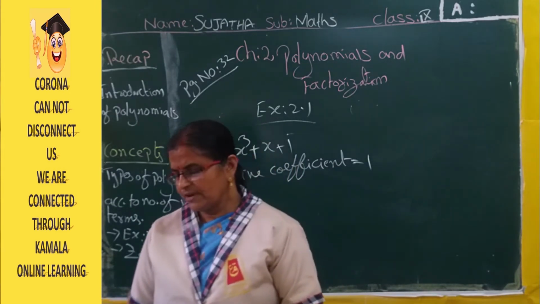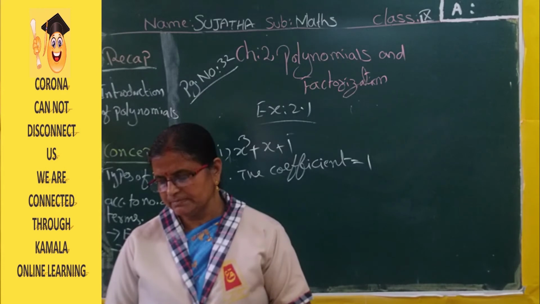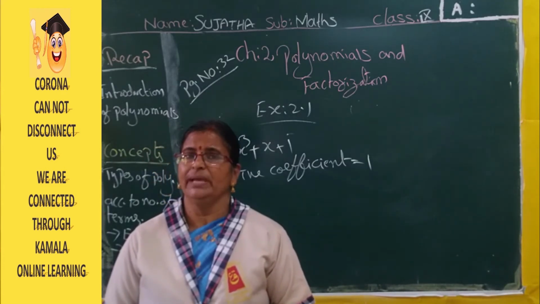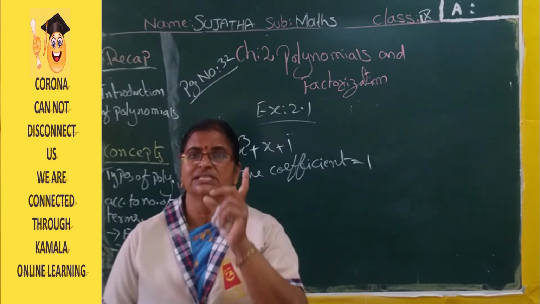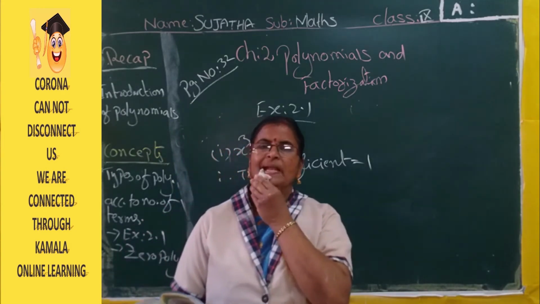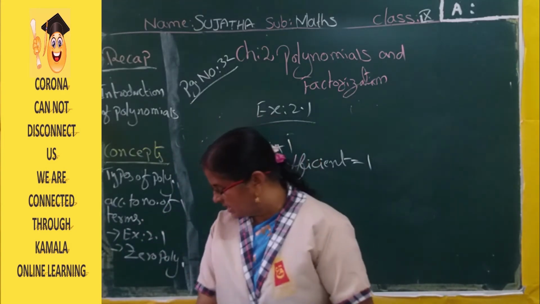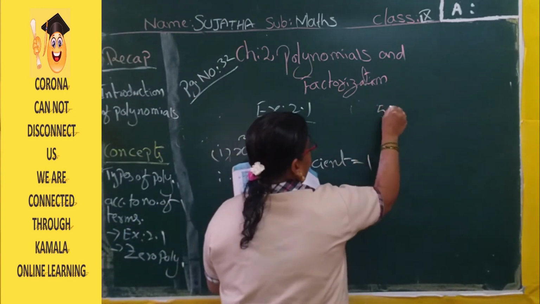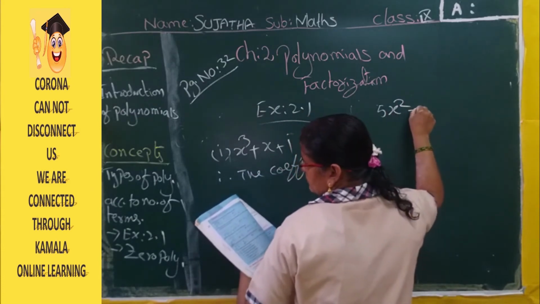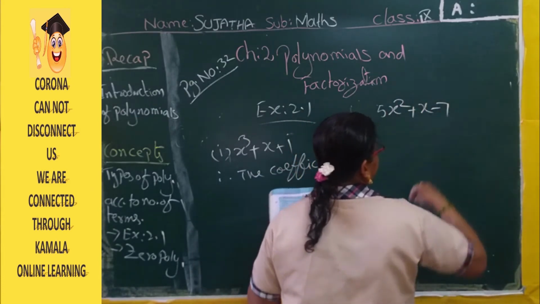See the first one, 5x square plus x minus 7. The highest power is the degree of the polynomial. You have to see the degree of the polynomial.